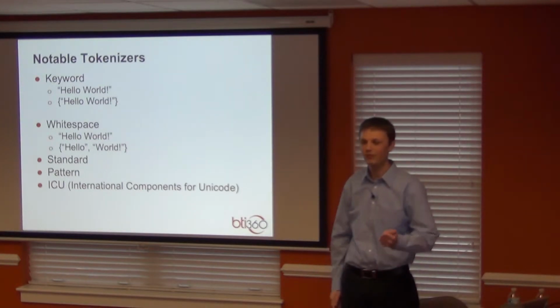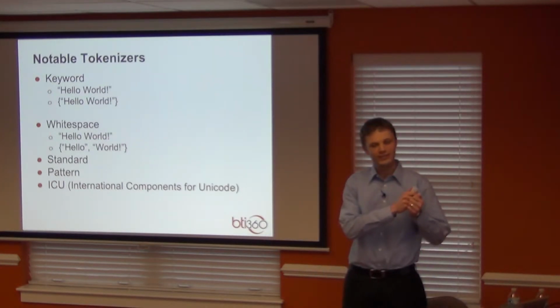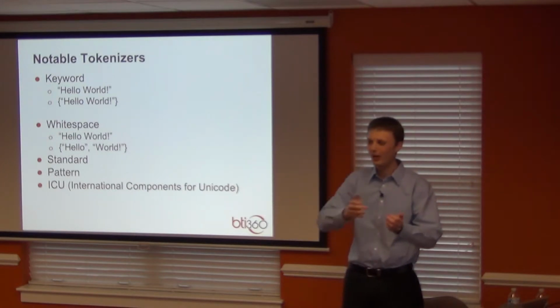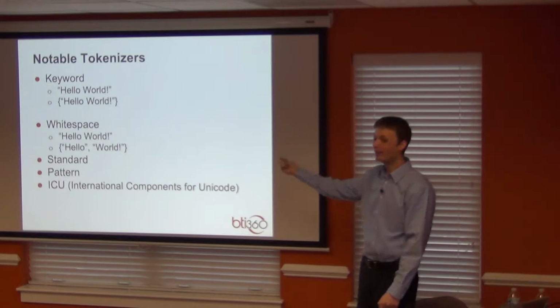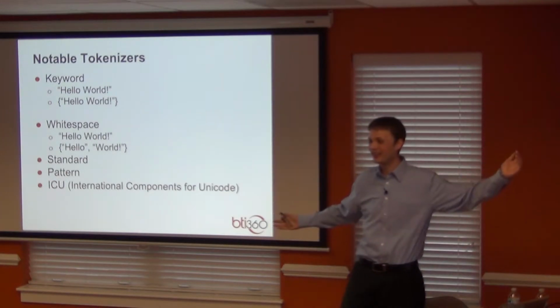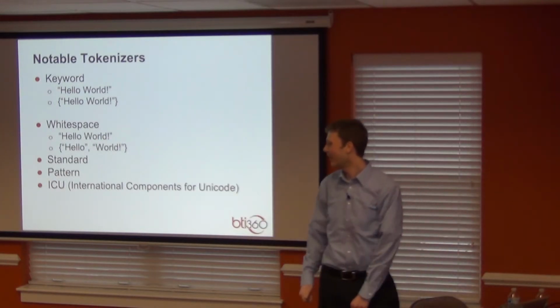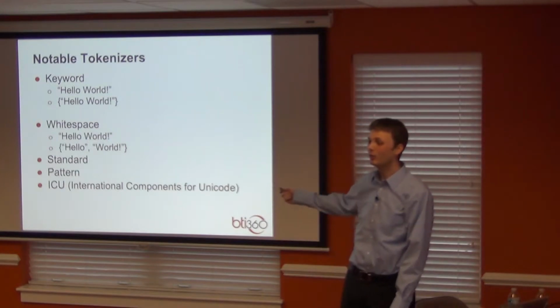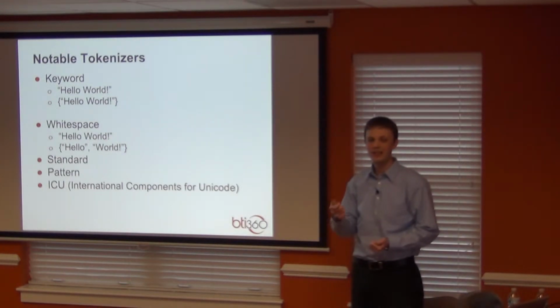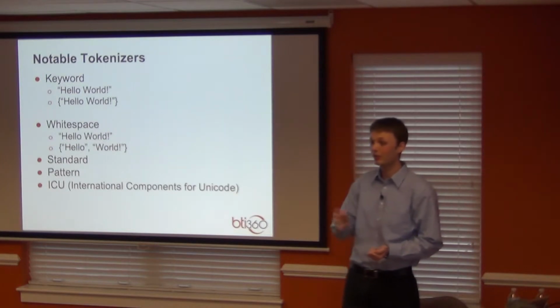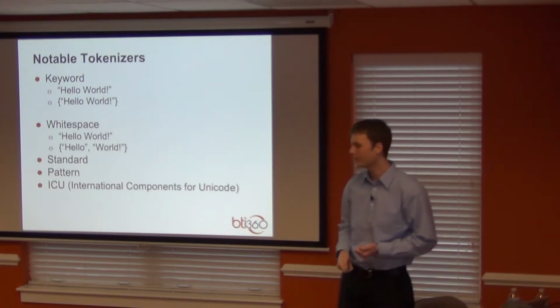So Chinese, if you've ever seen Chinese, it's just character after character, and each character is a word. And so if you had white space, well, you're going to have this gigantic term, and it doesn't split properly. So ICU will actually recognize, hey, this is Chinese text, and I need to split on specific tokens or specific characters.